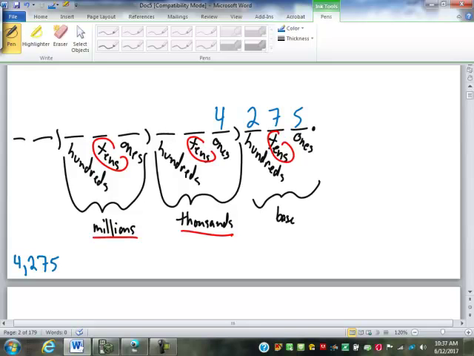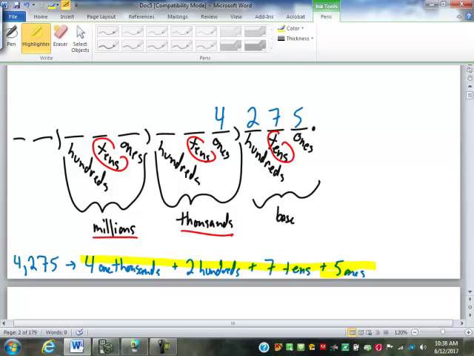4,275 really is 4 1,000s and 2 hundreds and 7 tens and 5 ones. Some textbooks refer to this as expanded form of a number.